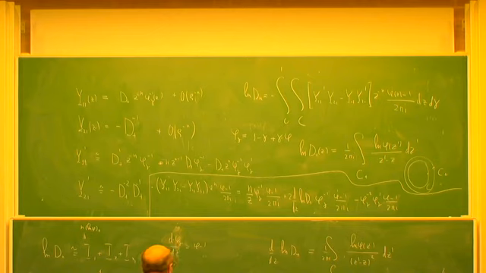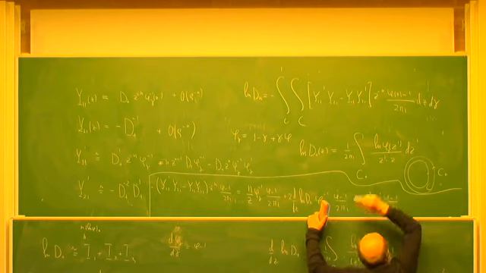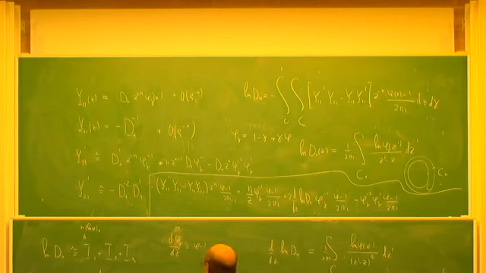This gamma, phi gamma, plus here phi gamma of z, and then we have z prime minus z squared, dz prime, dz, d gamma, over 2 pi i squared. Such a term.